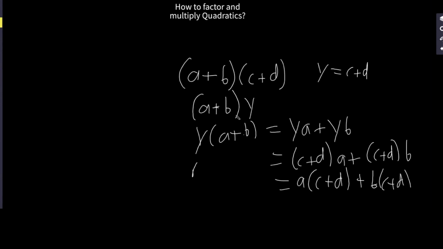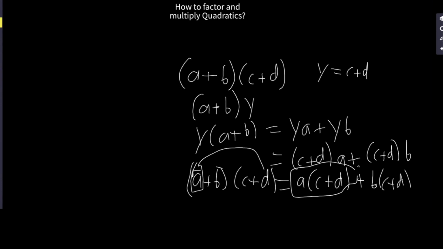Alright, now let's review what this means. Remember, we didn't change our original expression at all. This is still our original expression. We just did some clever tricks by changing variables and distributing. So with a slightly modified distributive property like this, you can think of it as the first term, which is a, times, or distributed over, the second expression, and then the second term, b, distributed over the second expression.